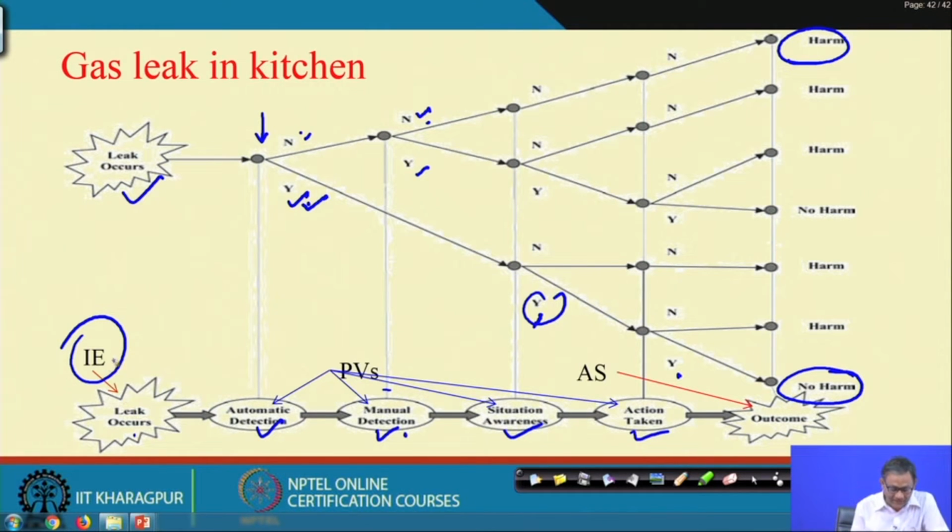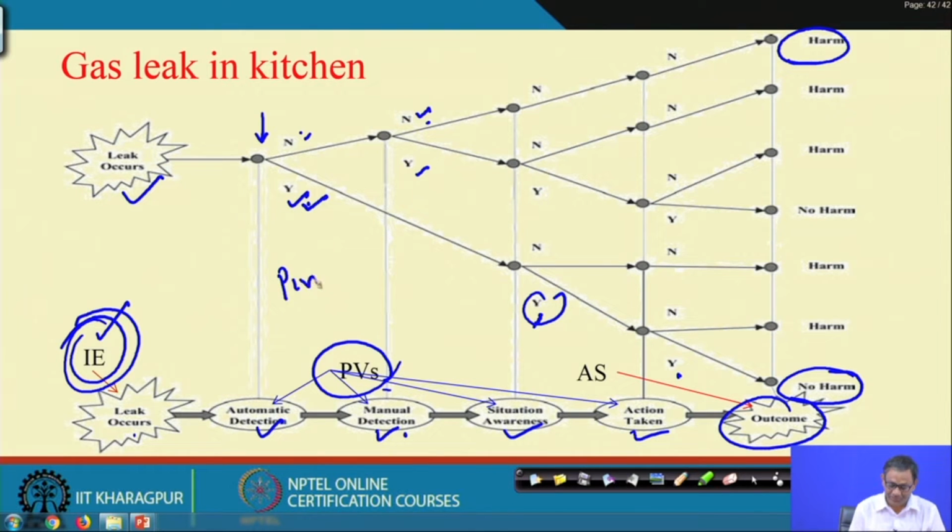So this is the initiating event, and the accident scenario is the last one, the outcome. In between, whatever events occur are known as pivotal events. These are the PV, pivotal events.